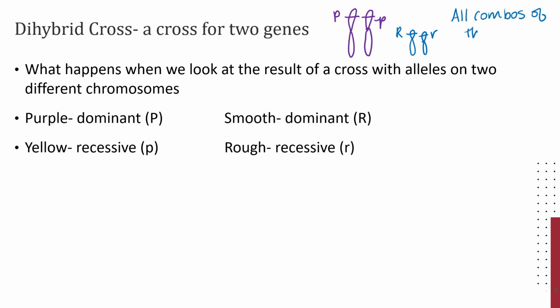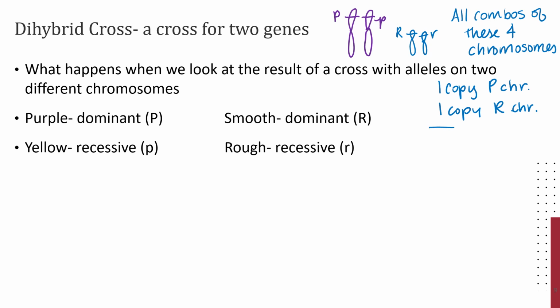of these 4 chromosomes that we could get in our gametes, keeping in mind that each gamete is going to get 1 copy of the P chromosome and 1 copy of the R chromosome, and that each gamete is going to get 1 P allele, either the big P or the little p, and 1 of the R alleles, either the big R or the little r.